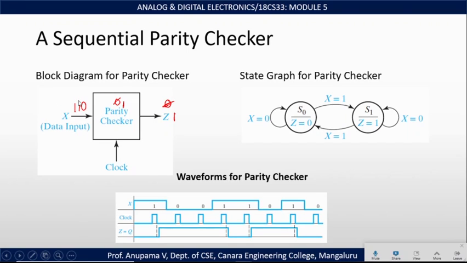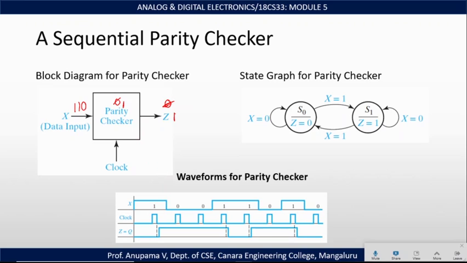The input will be fed to the parity checker sequentially, 1 bit at a time, and the parity checker will calculate the parity of the sequence of numbers, and Z is the output parity bit. So when each clock pulse changes, the parity checker is going to update the parity bit value and output the parity bit value.